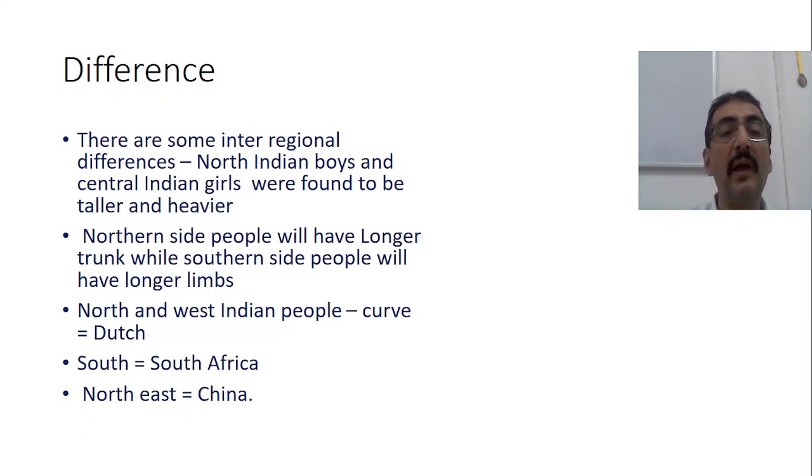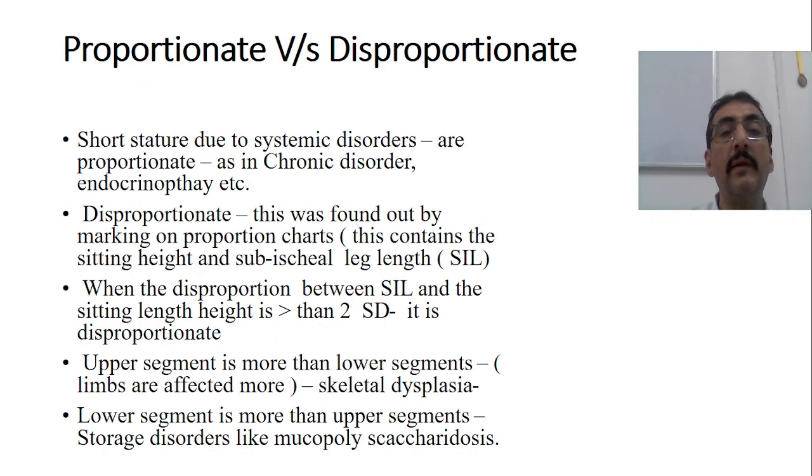Northern side people will have longer trunk while southern side people will have longer limbs. So these are inter-regional differences. North and West Indian people, the western part of India. So there's a curve. And so these are some of the important points.